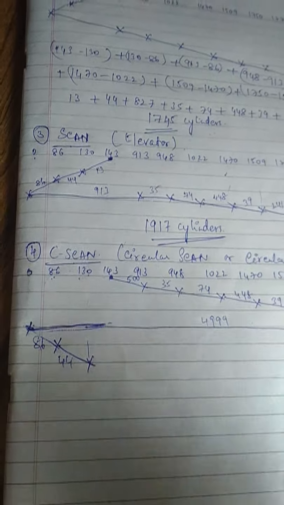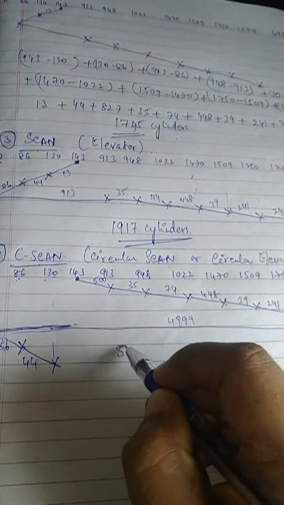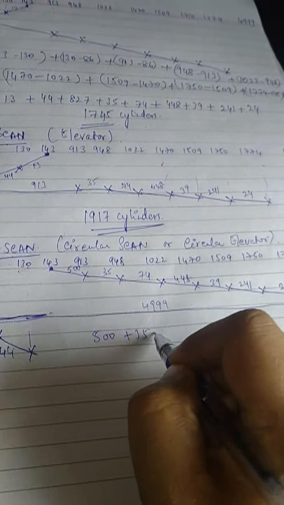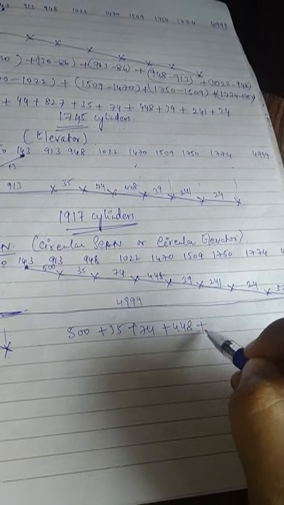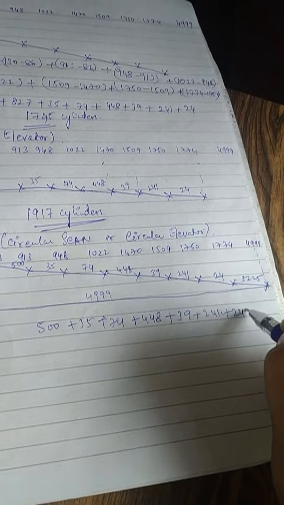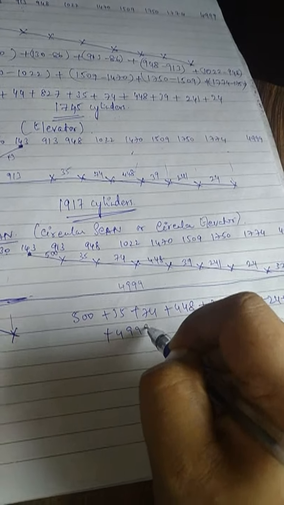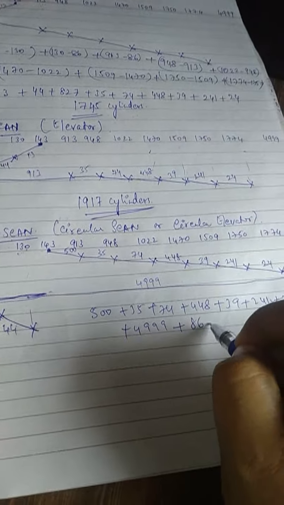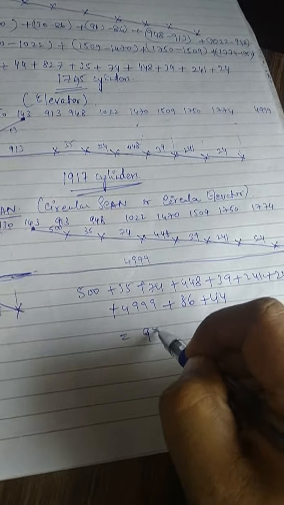Always remember it should be the larger number minus the smaller number. Then you add all these: 500 plus 35 plus 74 plus 448 plus 39 plus 241 plus 24 plus 3225 plus 4999 plus 86 plus 44.